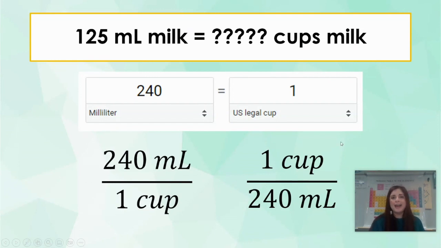Notice that all I did was take the 240 that was on top and switch it to the bottom. I flipped the two parts of that conversion factor and made two fractions.